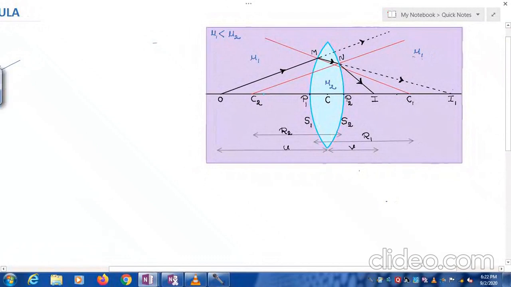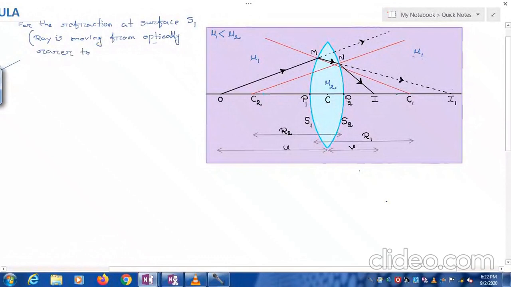So for the refraction at surface S1, that is, here the ray is moving from optically rarer to denser medium.